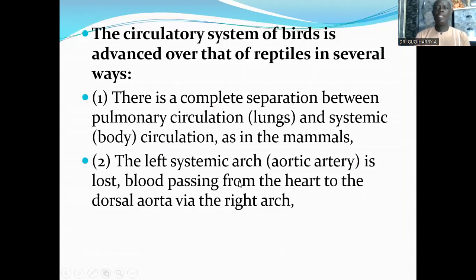The circulatory system of birds is advanced over that of reptiles in several ways. One, there is a complete separation between the pulmonary circulation, the lungs, and systemic or body circulation, as in the mammals. Two, the left systemic arc or aortic artery is lost, and blood passes from the heart to the dorsal aorta via the right arc.